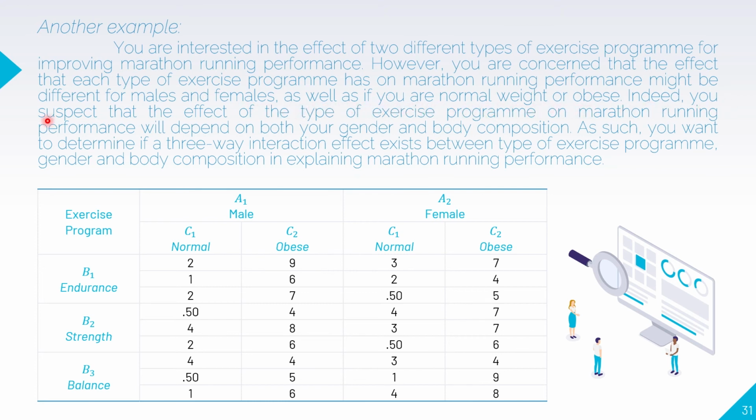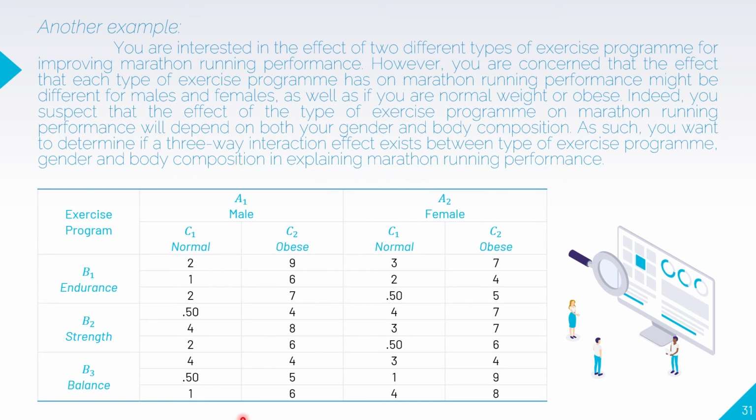Indeed, you suspect that the effect of the type of exercise program on marathon running performance will depend on both your gender and body composition. As such, you want to determine if a three-way interaction effect exists between type of exercise program, gender, and body composition in explaining marathon running performance.